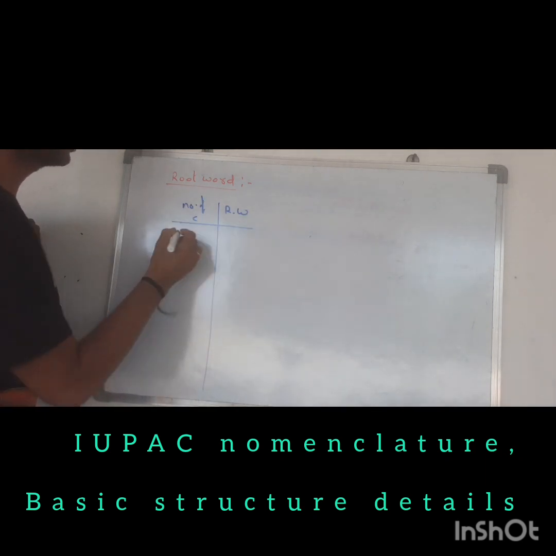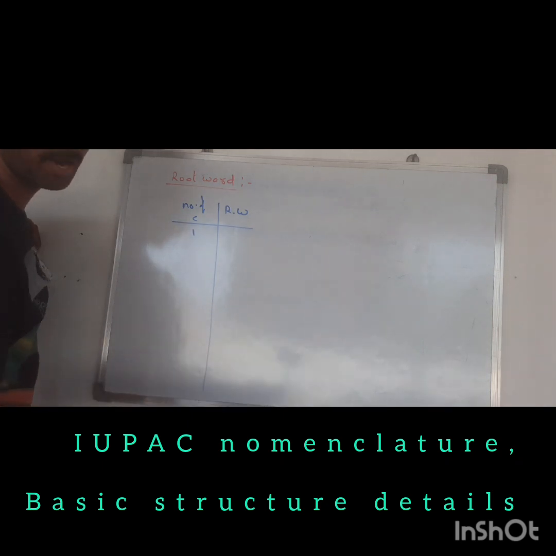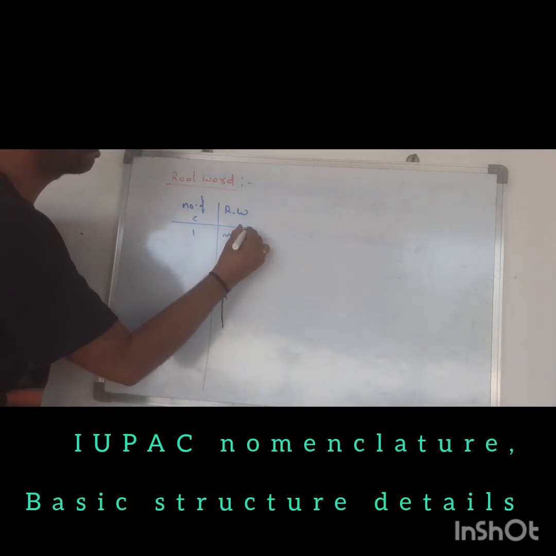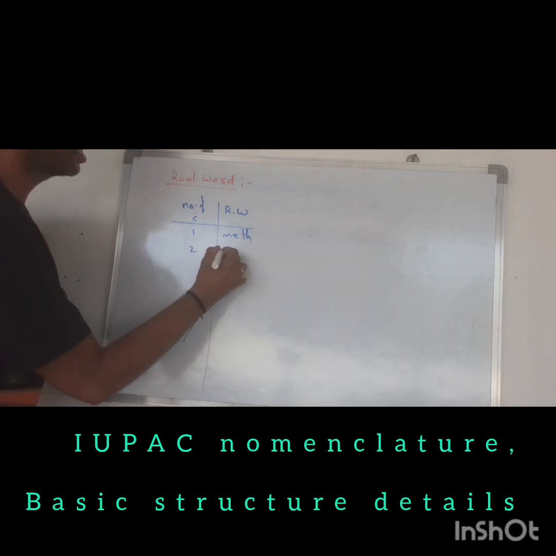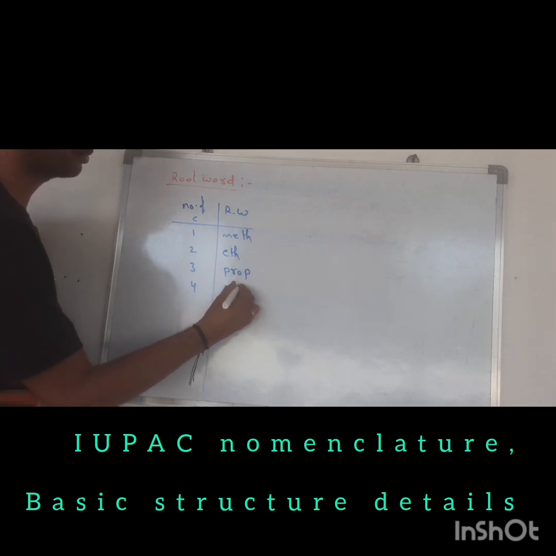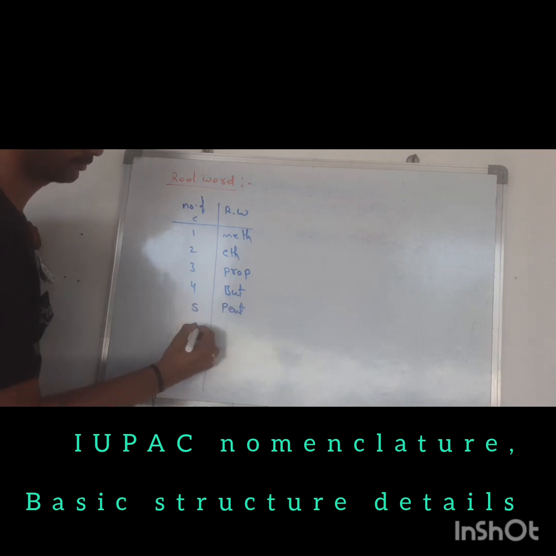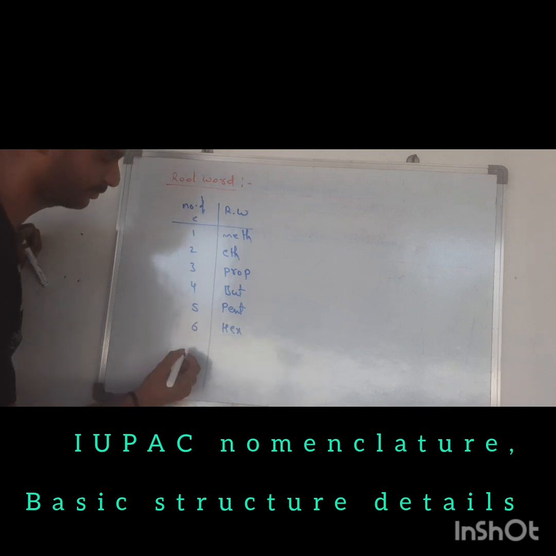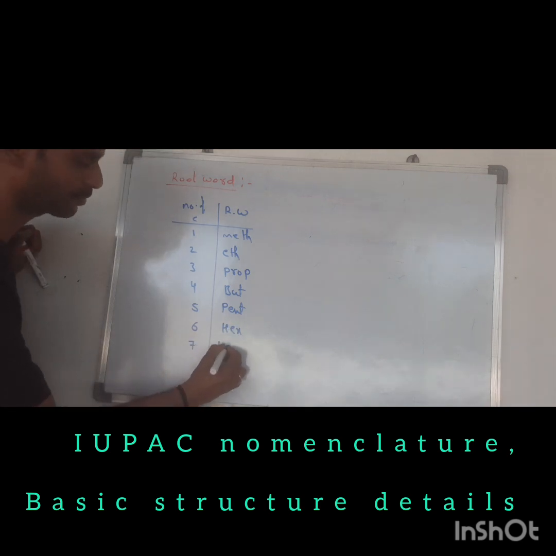If the number of carbons is 1, we use the root word meth. If 2, eth. Number of carbons 3, use prop. 4, use but. 5, use pent. 6, use hexa or hex. 7, hept. 8, oct.